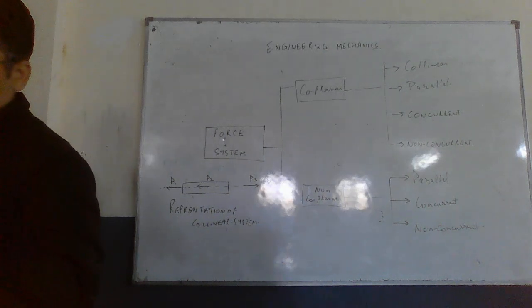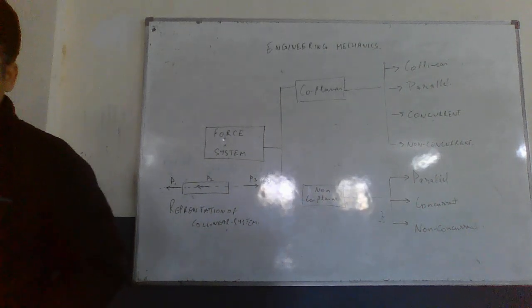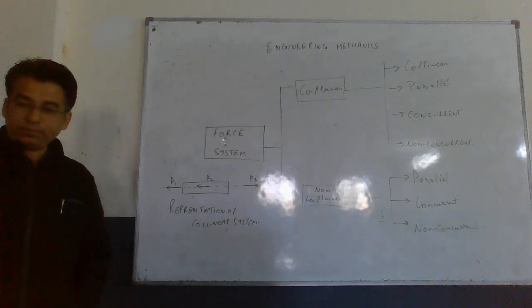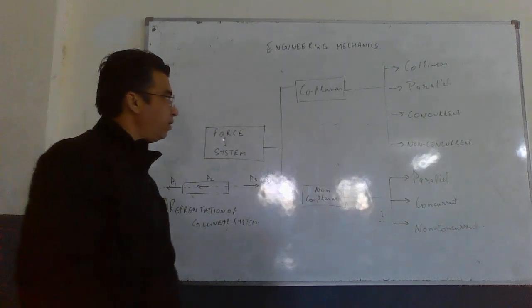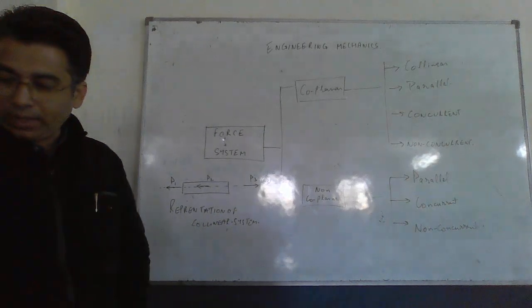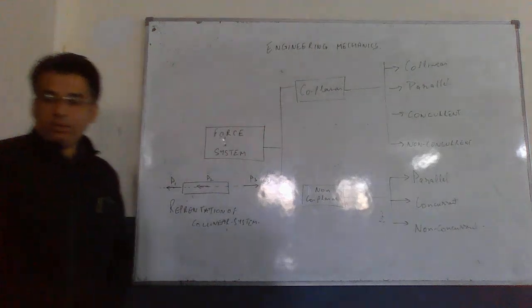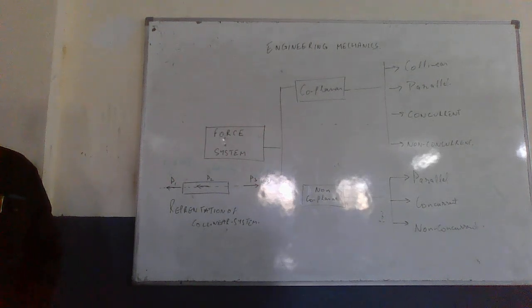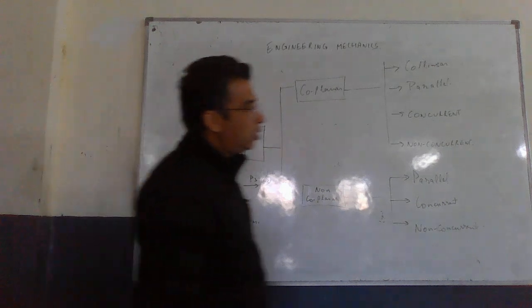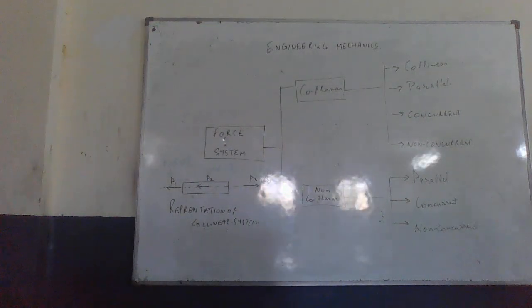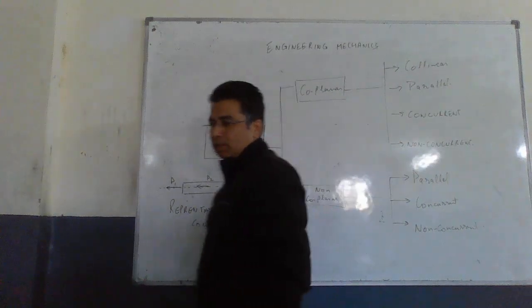When the lines of action of all the forces do not lie in one plane, then that is known as your non-coplanar force system. So this is the definition for a non-coplanar system.